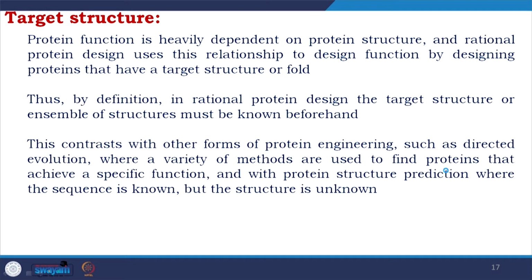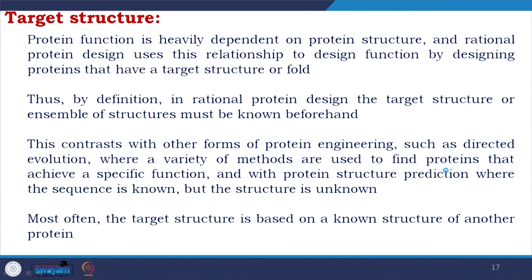This contrasts with other forms of protein engineering, such as the other one which we talked about, directed evolution, where a variety of methods are used to find proteins that achieve a specific function, and with protein structure prediction, where the sequence is known, but the structure is unknown. Here there have to be at least some structural informations available.